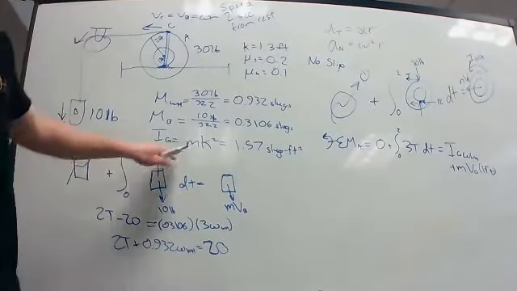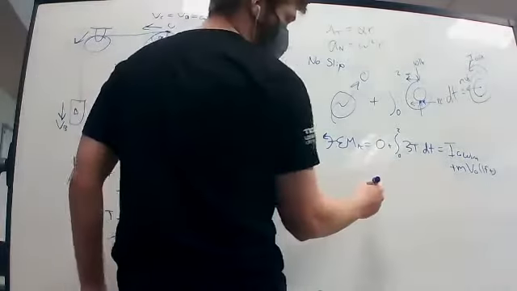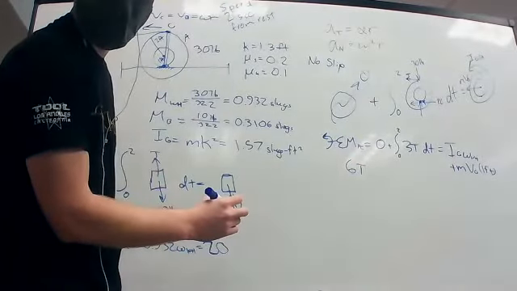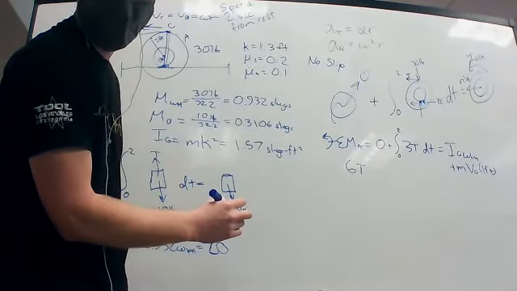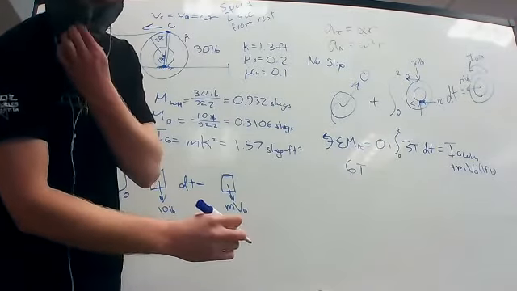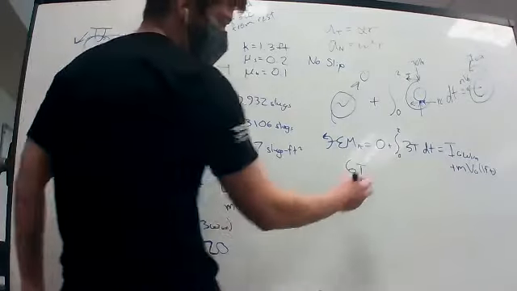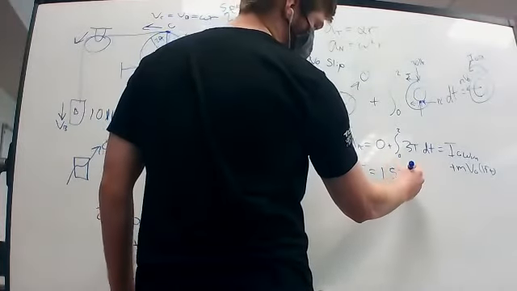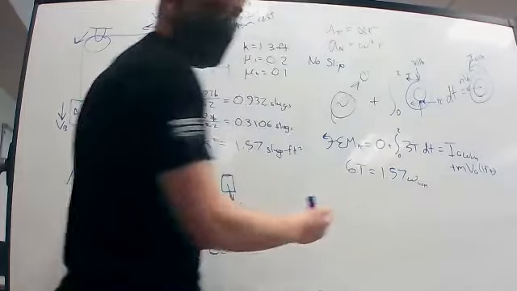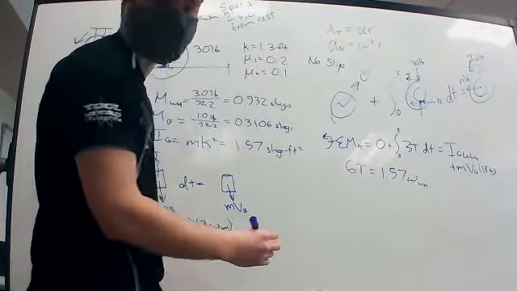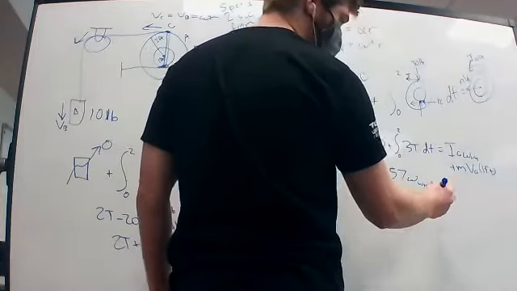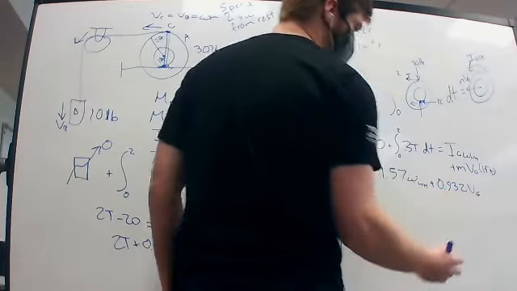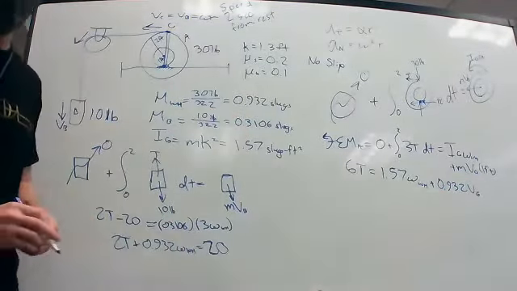So we then know what Ig is, and we can solve this and say 6t is equal to 1.57 omega of the wheel plus 0.932 VG, where 0.932 is just the mass of the wheel.